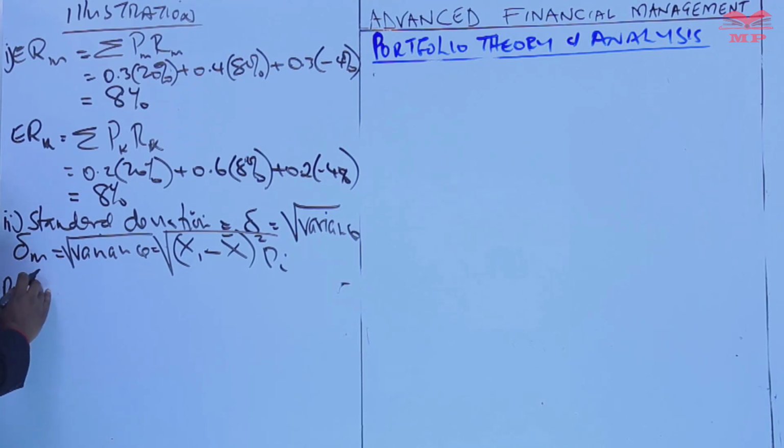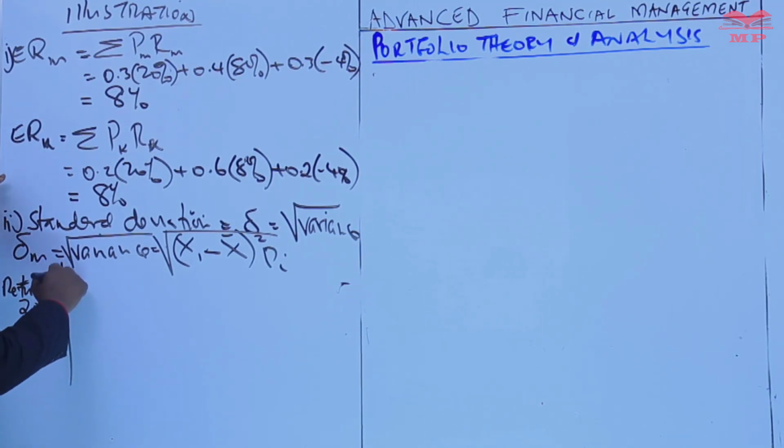There is the percentage return for security or investment M from the question: 20%, next is 8%, then we have -4%.